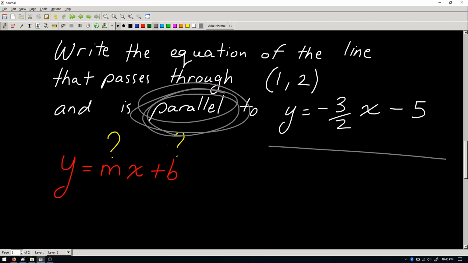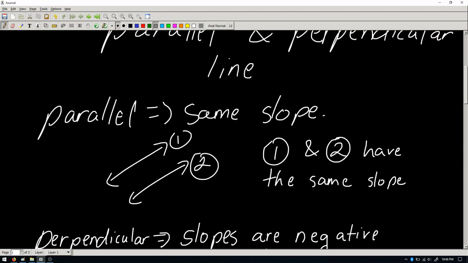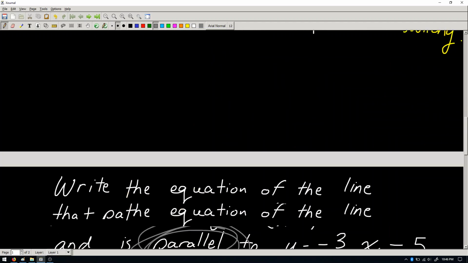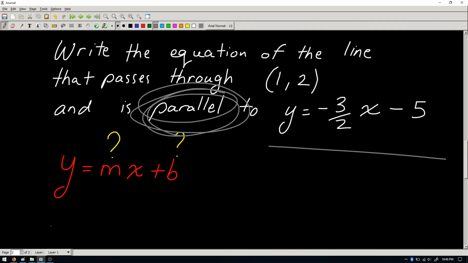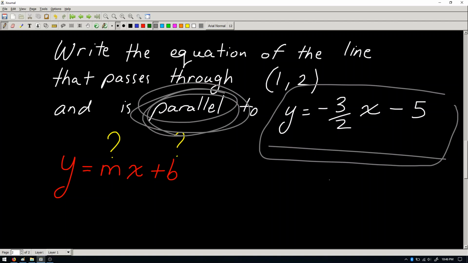Now, we already talked about what parallel meant. In the line above, parallel meant that you had the same slope. So the equation of the line that you want and the equation of the line that's given to you have the identical slope.